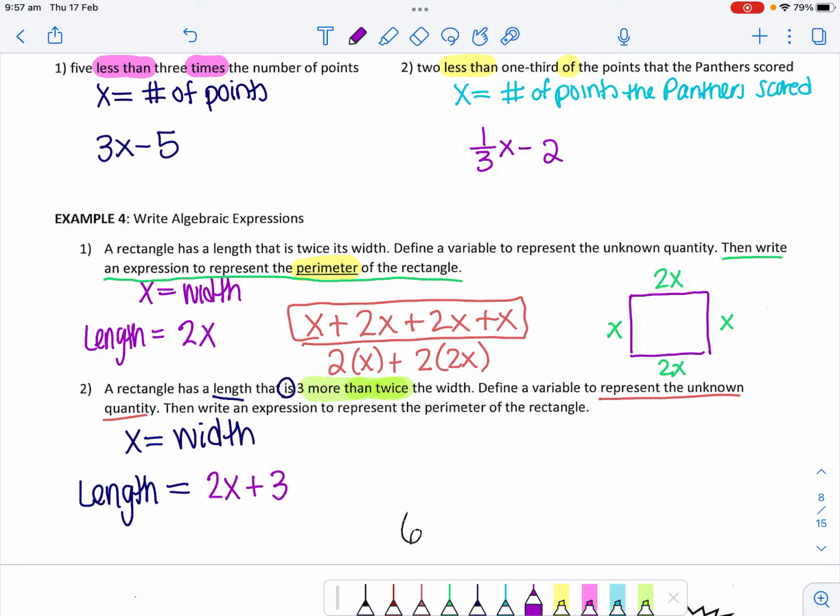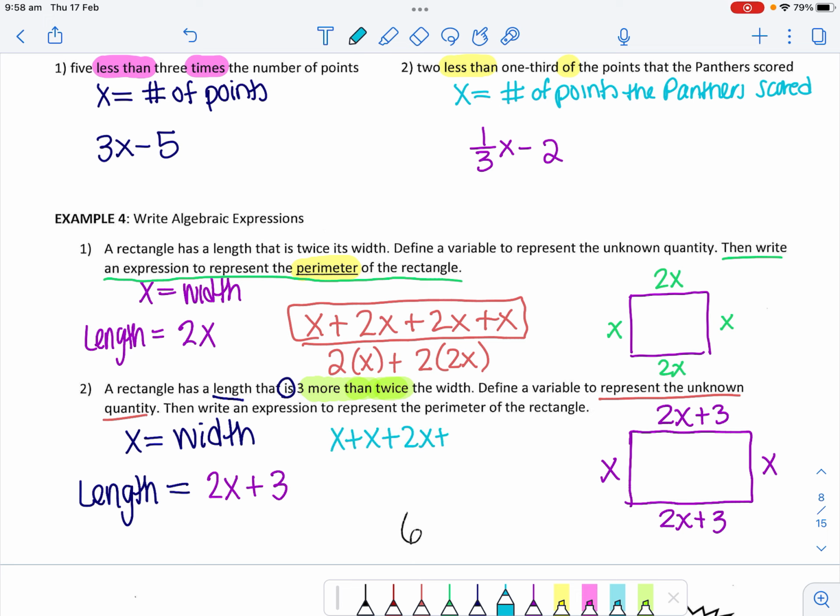Now you can add in any order that you want. So 3 plus 2x would also be fine. So I've got this width that is x, and I've got 2x plus 3, 2x plus 3. So I'm going to have x plus 2x plus 3 plus 2x plus 3.